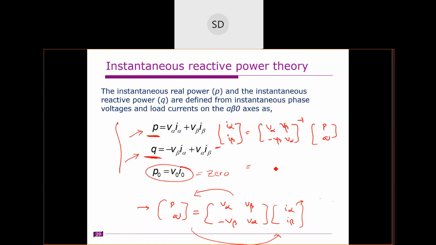I think something like this. I remember it is 1 over V alpha square plus V beta square, into V alpha, V beta, and V beta, minus V alpha. Okay, so that is the inverse of this V alpha, V beta, minus V beta, V alpha matrix. Clear? So this is into P and Q.